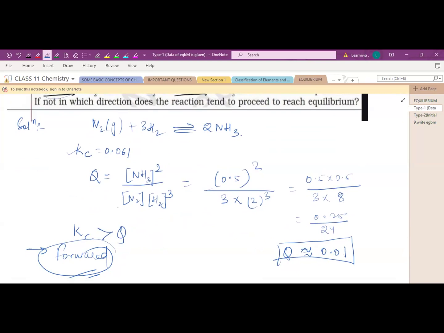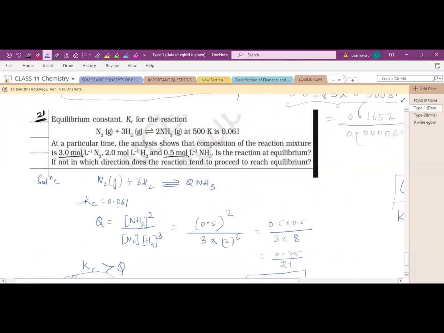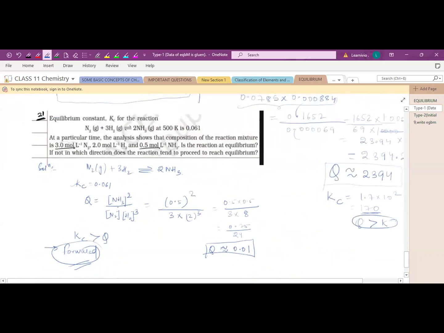If Q is greater than Kc, it is backward reaction. If Q is less than Kc, it is forward reaction. These are application based questions which are very important. Now quickly note it down.